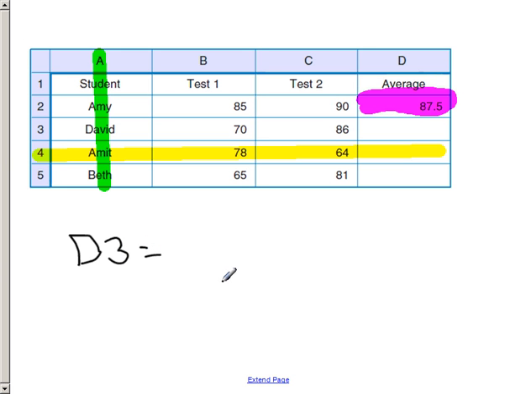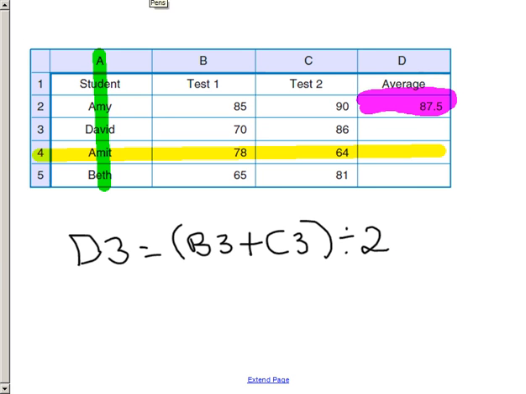And the formula would be what is in B3, the number that's in B3, plus the number that is in C3. And then to find an average, we divide by the number of numbers. And in this case, there are 2 numbers.